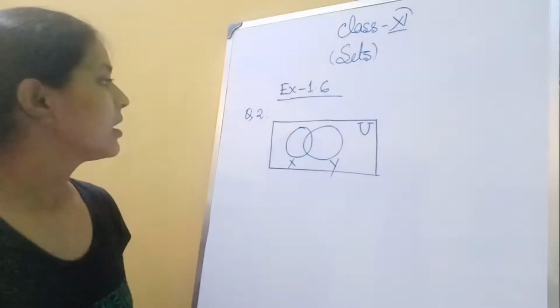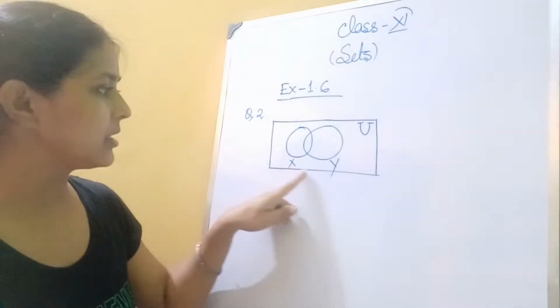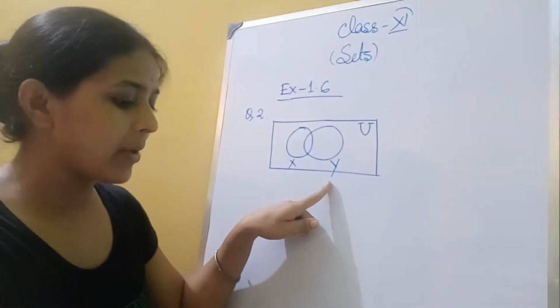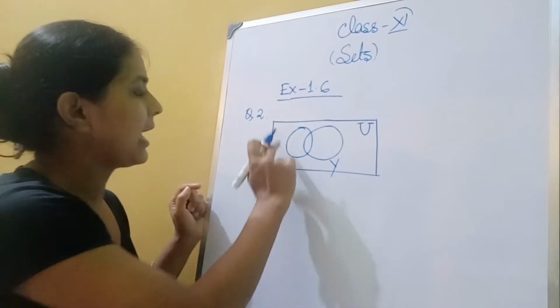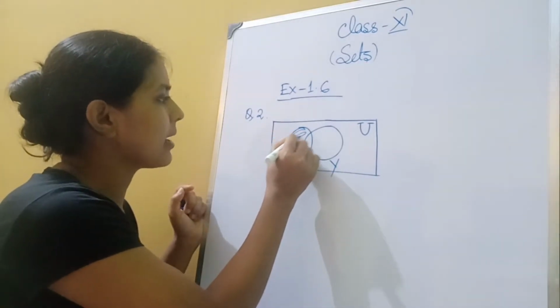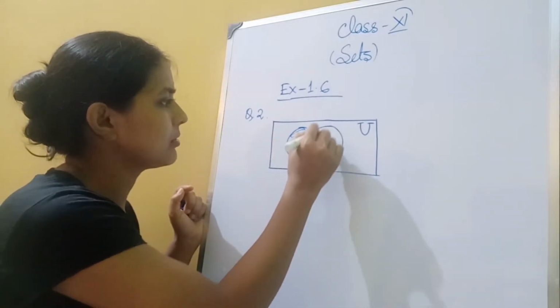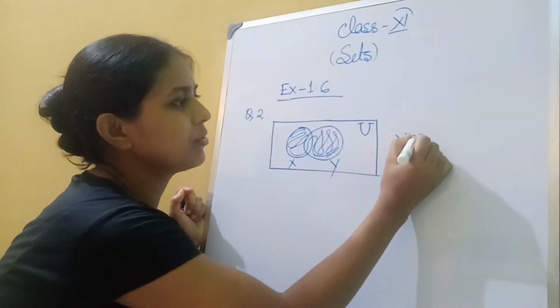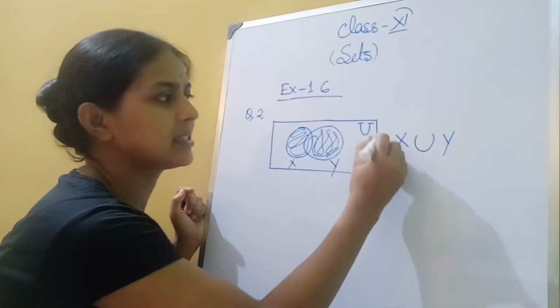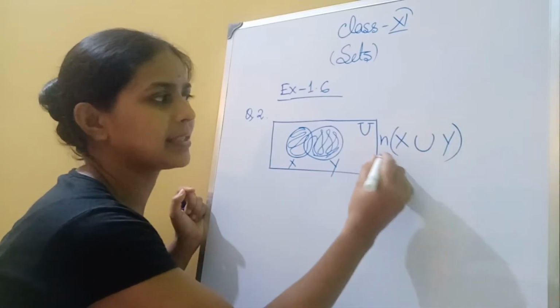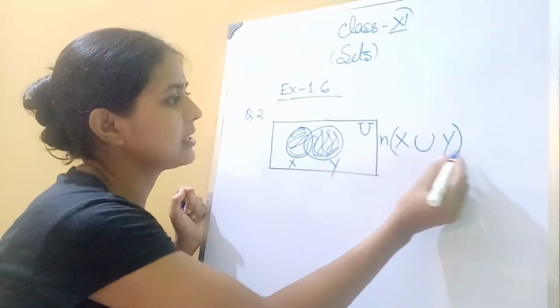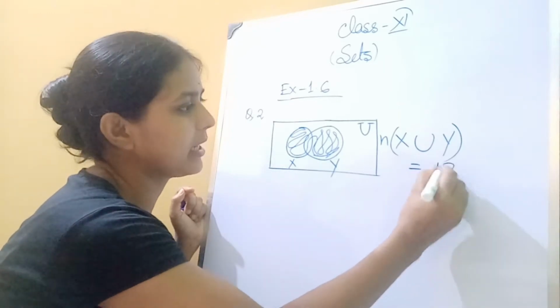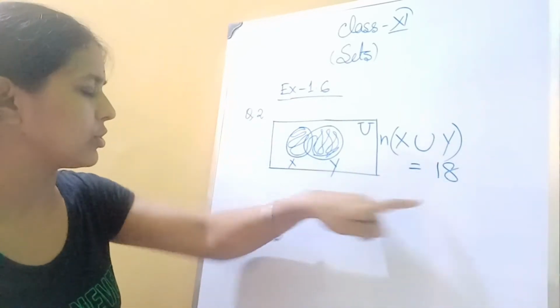Now according to the question, X union Y, that means the whole, it has 18 elements. That means n of X union Y is equal to 18. This is given in the question.